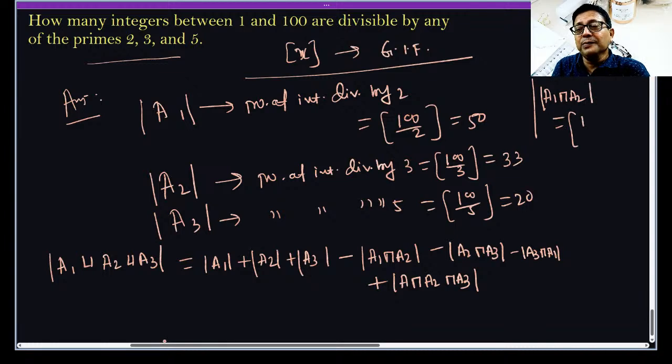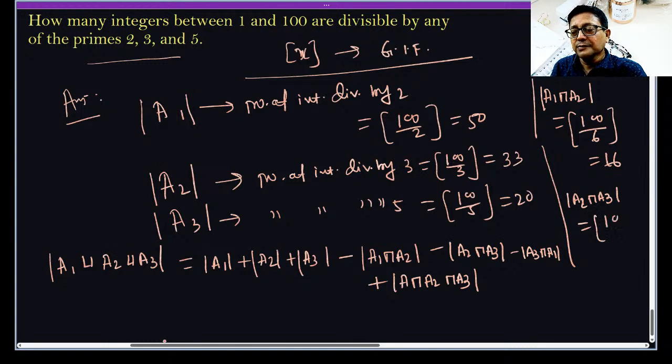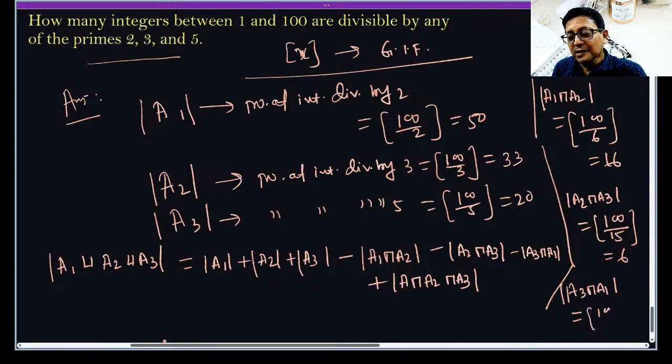Cardinal number of this will be 100 by LCM of 2 and 3, which is 6. That is 16. A2 intersection A3. This will be what? 100 by LCM of 3 and 5. So this is 6. And then A3 intersection A1. This will be 100 by LCM of 2 and 5.